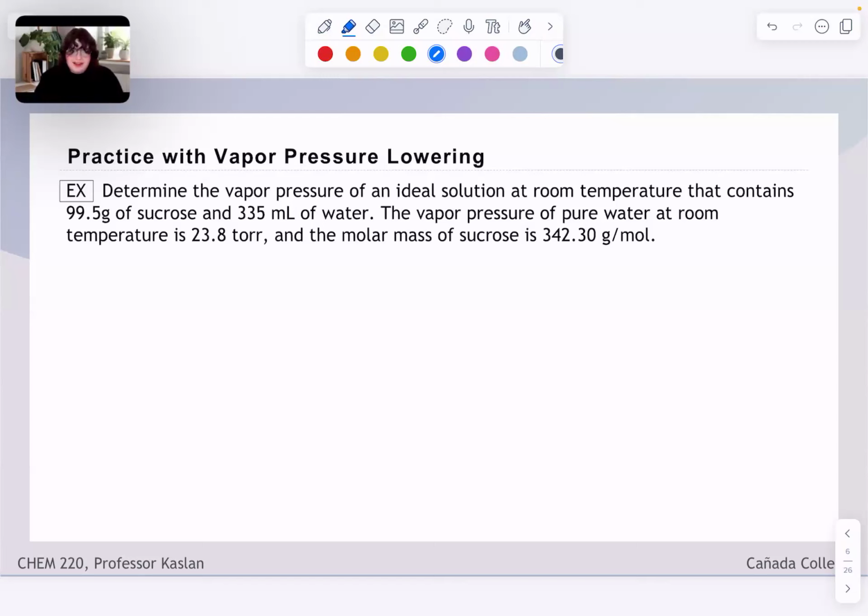So let's look at an example. In this example, let's identify our goal here. We are asked to determine the vapor pressure of an ideal solution at room temperature. So that's our goal, to determine the vapor pressure.